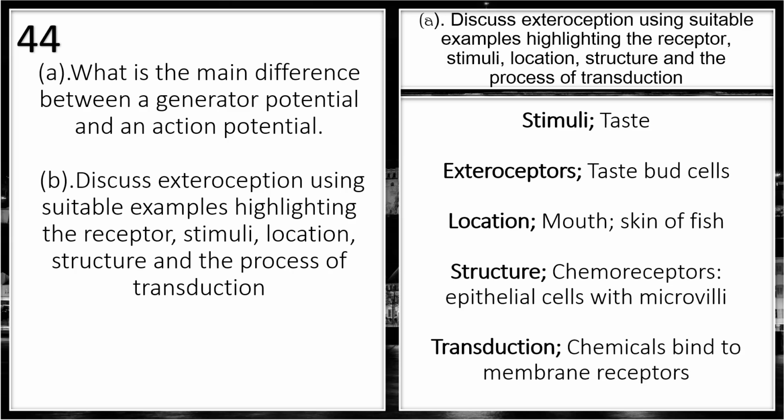Another exteroception. Stimuli is taste. Exteroceptors, taste bud cells. Location, mouth, skin of the fish. The structure, they are chemoreceptors, epithelial cells with microvilli. Transduction, chemicals bind to the membrane receptors.